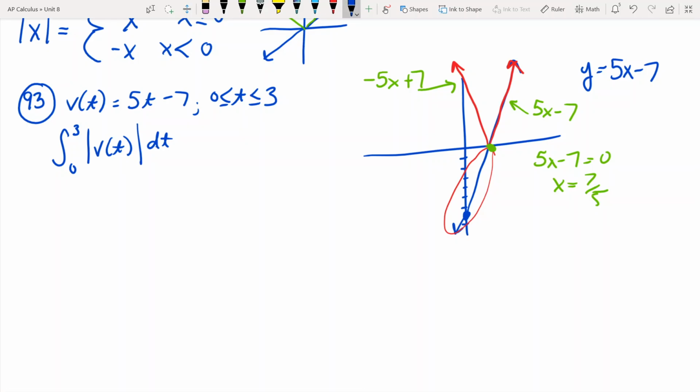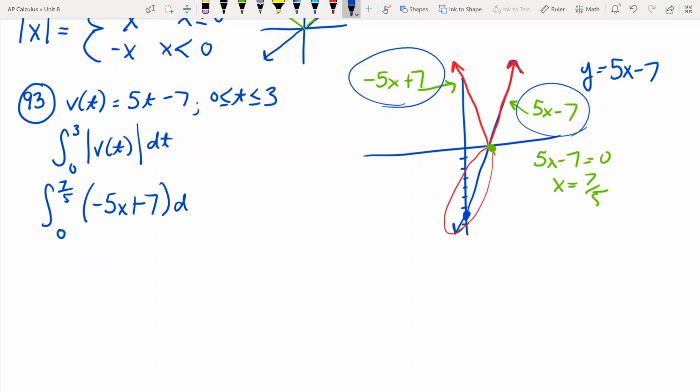If I were to set up an integral for that absolute value function going from 0 to 3, I need to break it into two separate integrals because I'm really trying to find the area underneath the curve of negative 5x plus 7, and then a separate area under the curve of 5x minus 7. So this can be broken down from 0 to 7/5 of negative 5x plus 7 dx, and then from 7/5 up to 3 of 5x minus 7 dx.